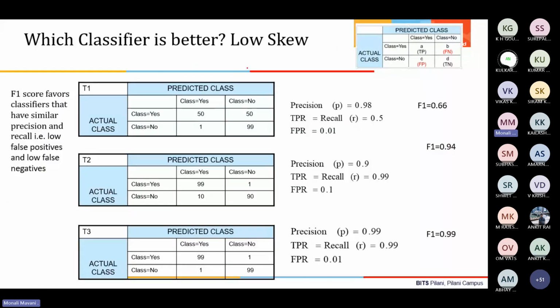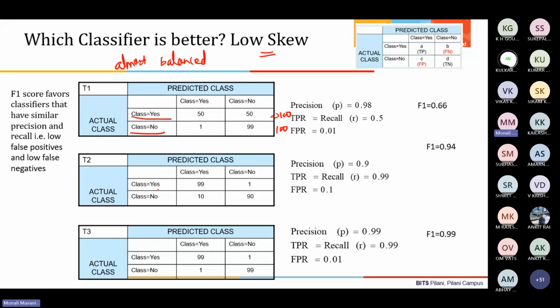Okay, now with respect to skew, low skew means it is balanced. I can say this is a balanced data set, almost balanced. That's why it's a low skew. You can see the actual class yes, I have 100 examples. Actual class no, I have 100 examples.